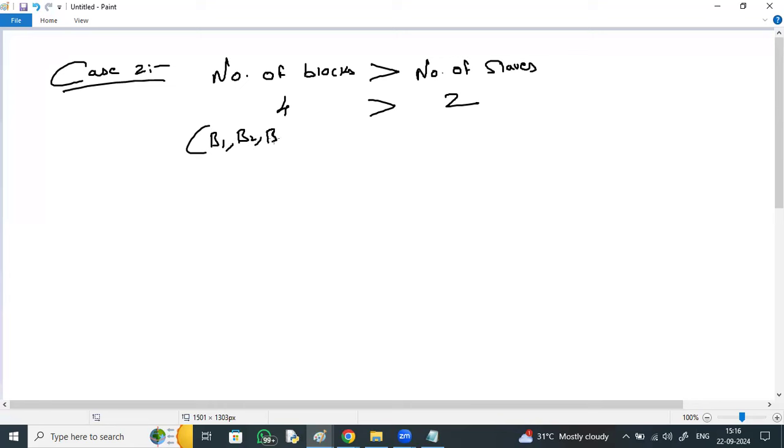B1, B2, B3, B4. Only 2 slaves, S1 and S2. Assume you have maintained only 2 slaves. Means here in our example, what happens is less speed.